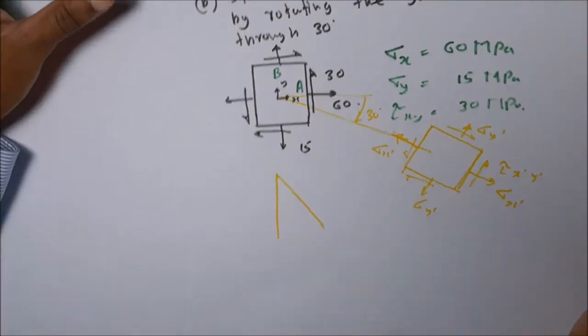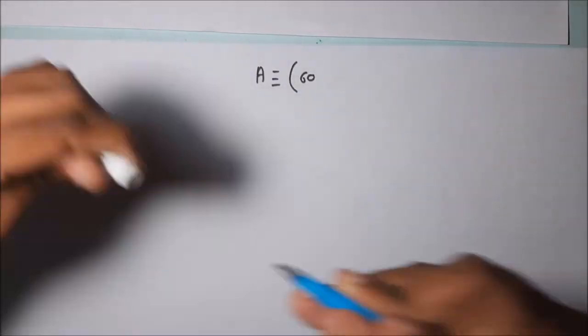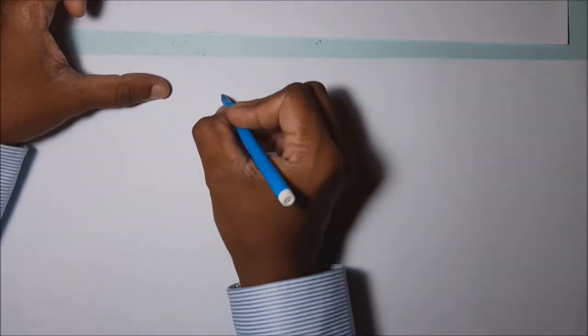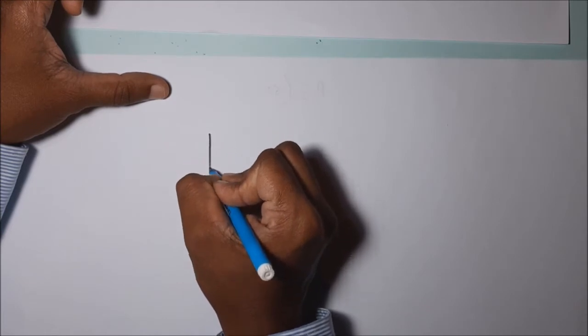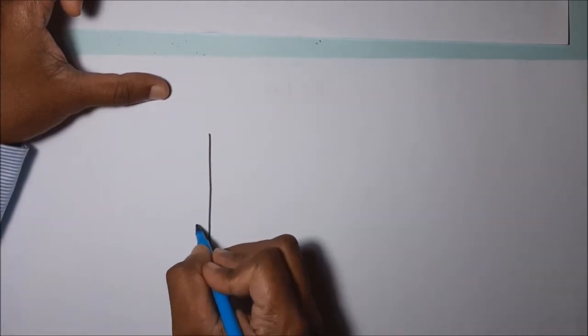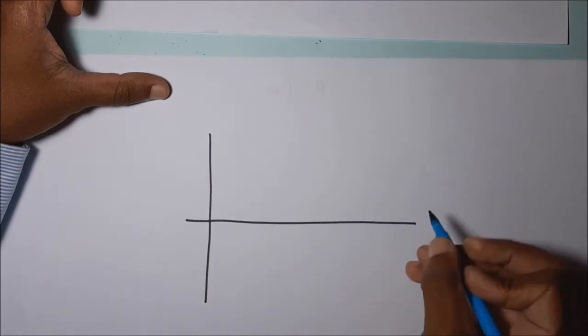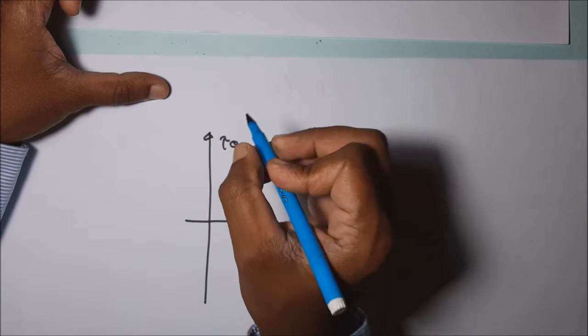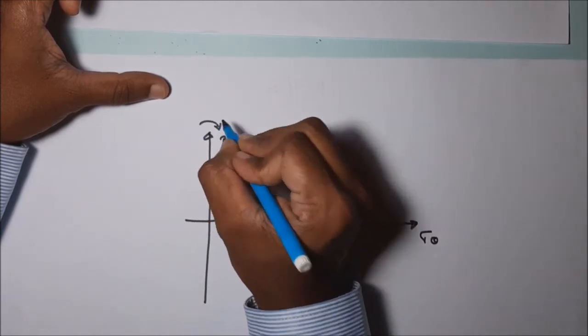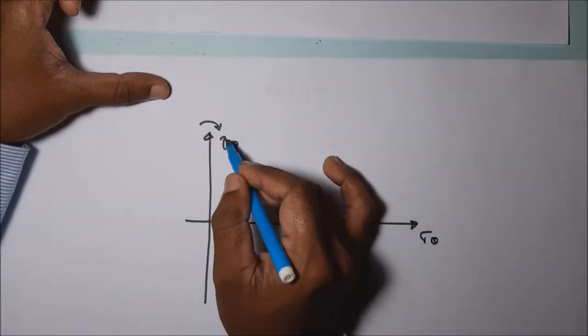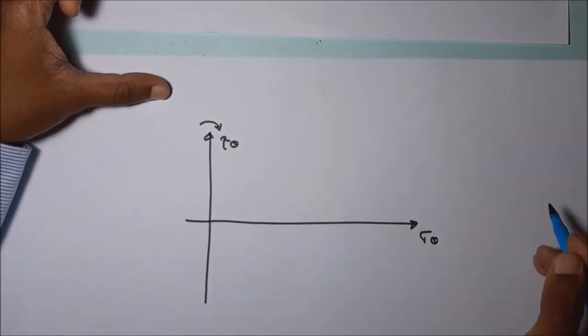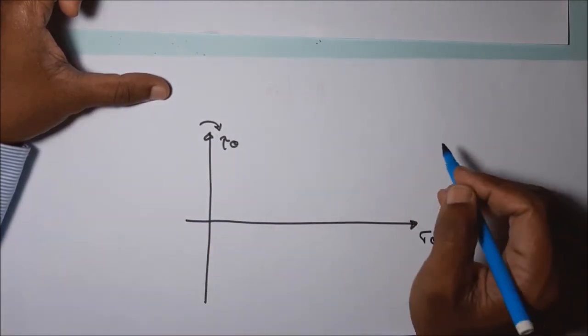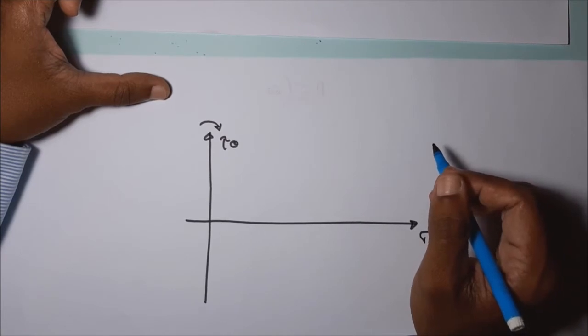Then draw the Mohr plane, with sigma theta and tau theta. As good practice, use this notation, tau theta, which means we take clockwise shearing stress as positive.